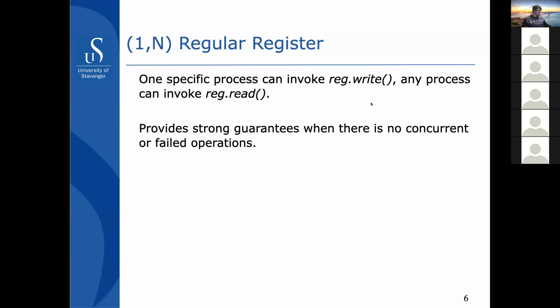This gives us strong guarantees of what values will be read if there are no concurrency or no failed operations.